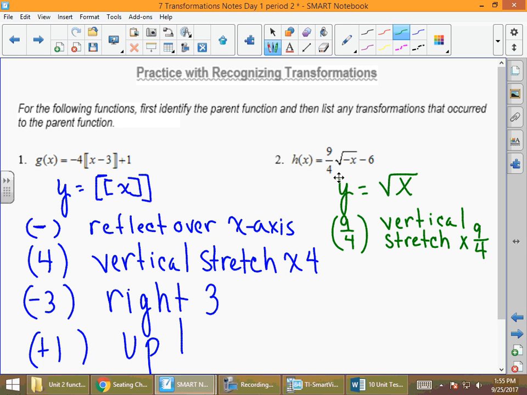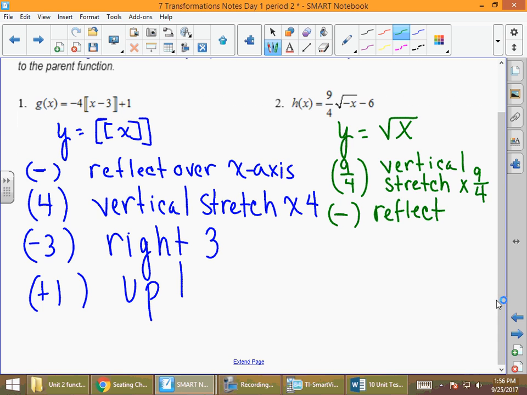The second transformation is coming from the negative in front of the x, and the negative is inside the function. It's underneath the square root, and the negative inside the function is going to reflect our graph, and this one's going to reflect over the y-axis.